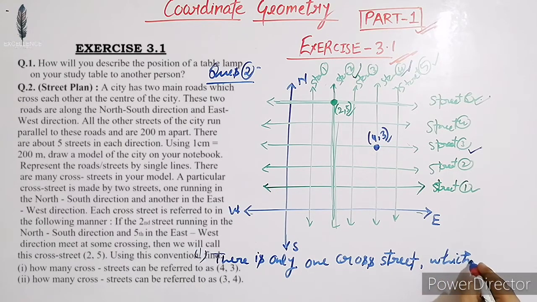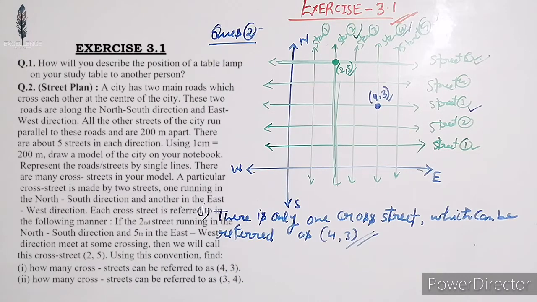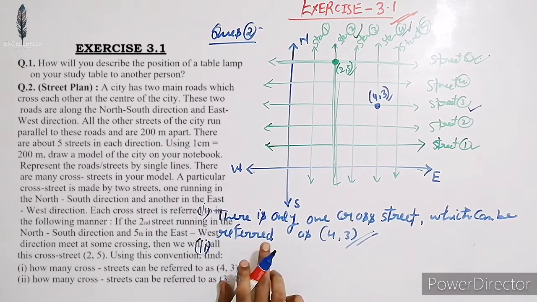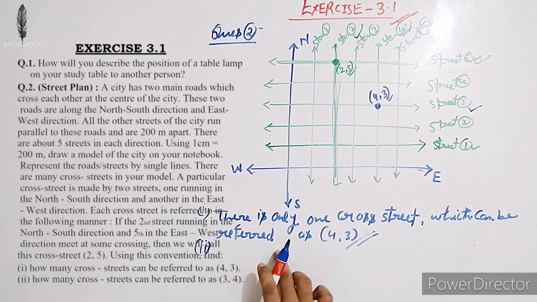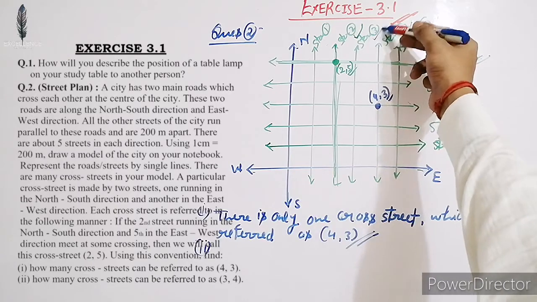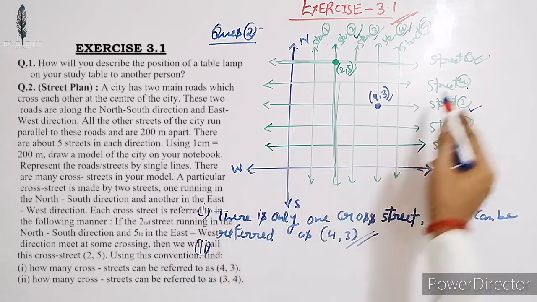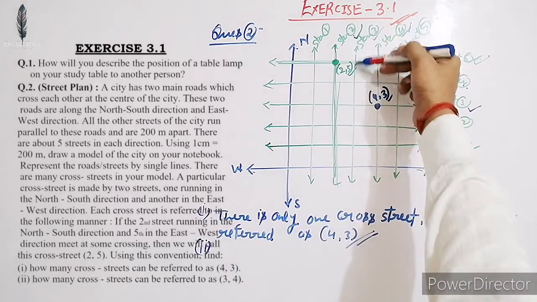Okay, students, in this figure, how many cross streets can be referred to as (4, 3)? There is only one cross street which can be referred as (4, 3). Okay, students, now clear? Let's see the second part of this question. How many cross streets can be referred to as (3, 4)? According to the question, (3, 4) means third street running in north-south direction, this street, students, and fourth street running in east-west direction, this.